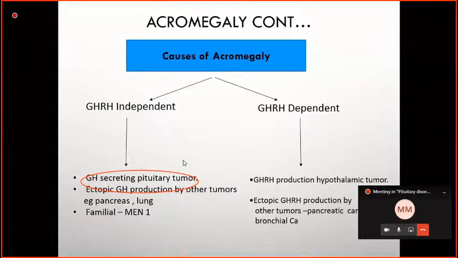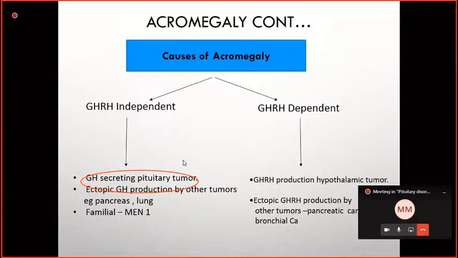But bear in mind you can also have other causes of acromegaly, which can be ectopic production of growth hormone by other tumors, for example pancreatic tumor and lung tumor, which can produce a lot of GH. You can also have ectopic production of GHRH.